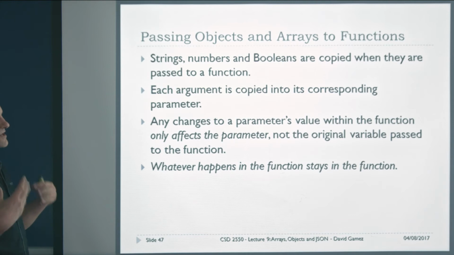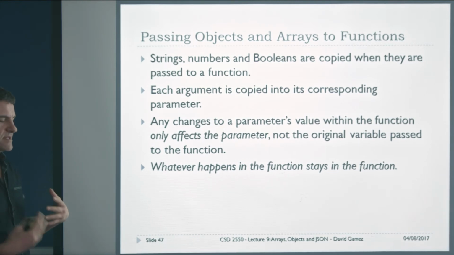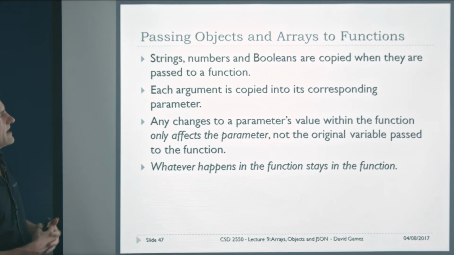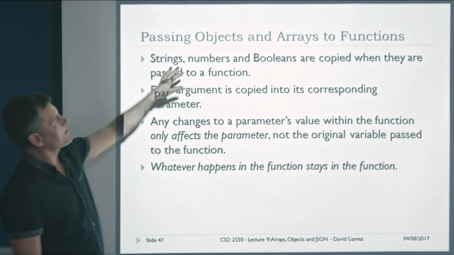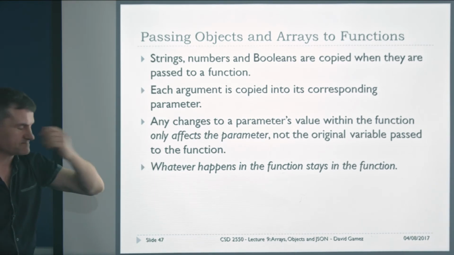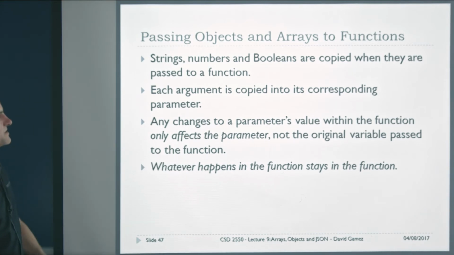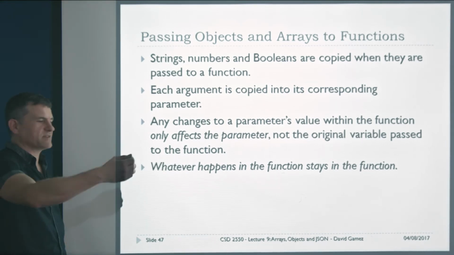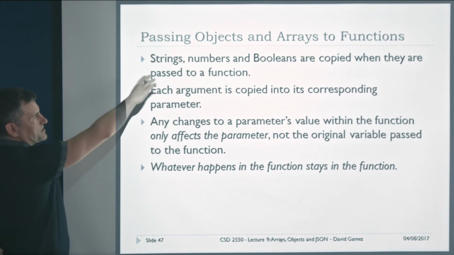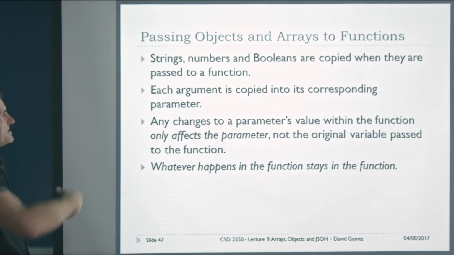So we had a rather complicated example in the previous lecture about passing arguments by value, I think it was. When we're passing strings, numbers, and booleans to a function, their values are copied into the function. So when you manipulate strings, numbers, and booleans that are passed in as arguments, you don't change their values outside of the function.